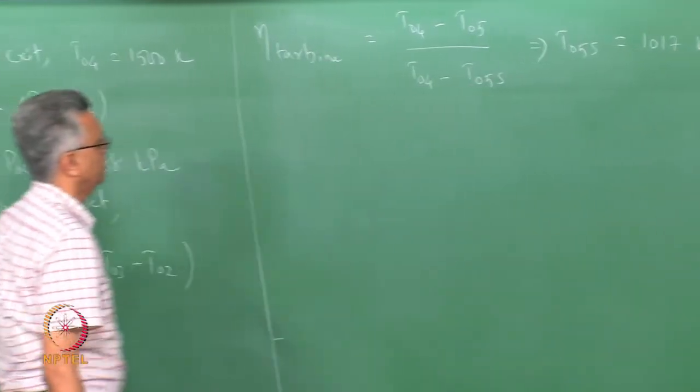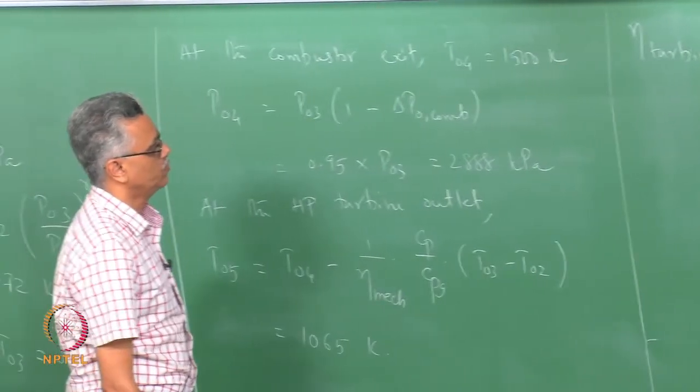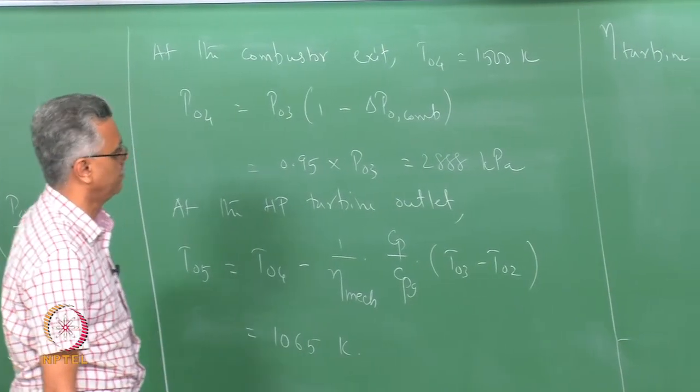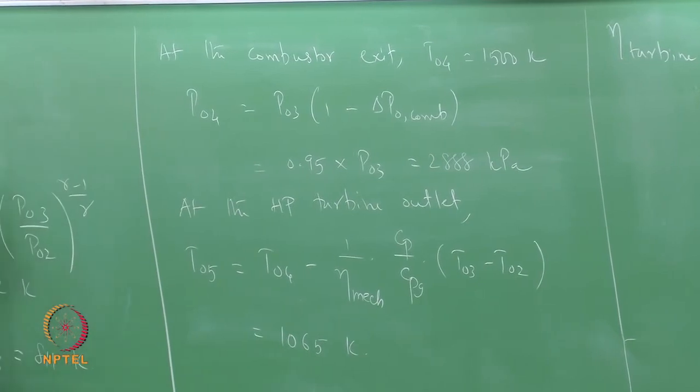That is T05s. Once I know T05s, I can calculate P05s using the isentropic relationship.